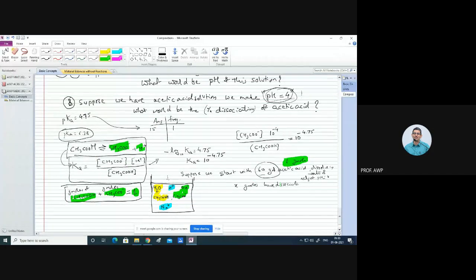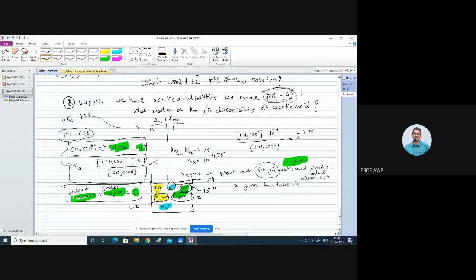So if I say X gram moles have dissociated, the acetic acid that is left will be 1 minus X gram moles. The acetate ion would be X gram moles. I have adjusted the pH, so the H plus ion concentration would be 10 raised to minus 4. So the hydroxide ion concentration would be 10 raised to minus 10.